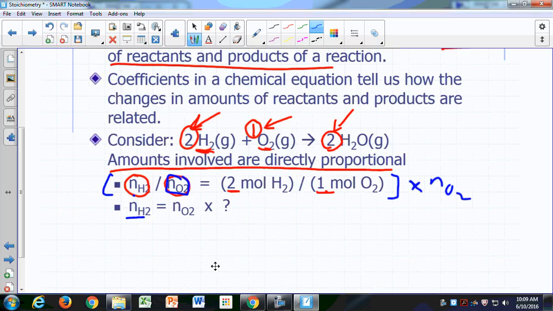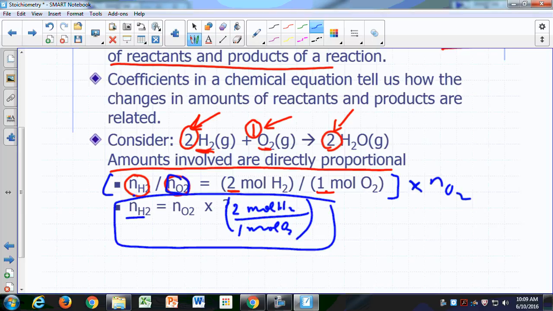It's just moles of O2 times 2 moles of H2 over 1 mole of O2. So you can see that you can set up your proportion that way to be able to solve for the moles of the other reactants or products involved in the reaction.